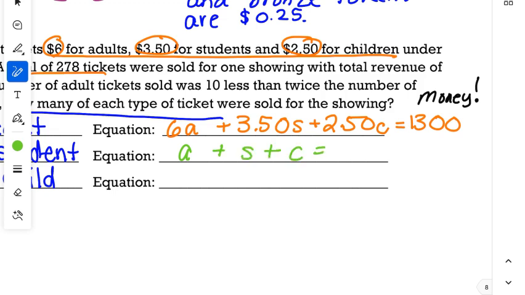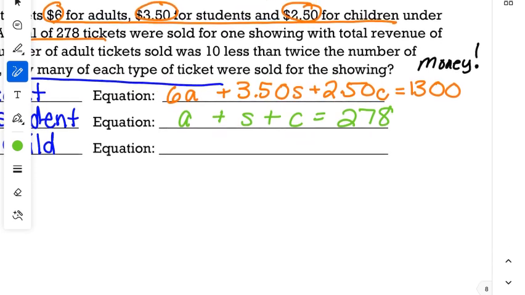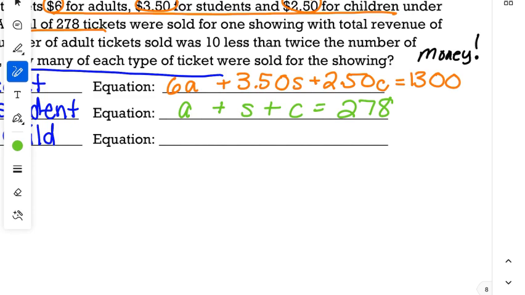So our three types of tickets will add up to give us 278. So this is total tickets. Not as exciting as the money, but total.